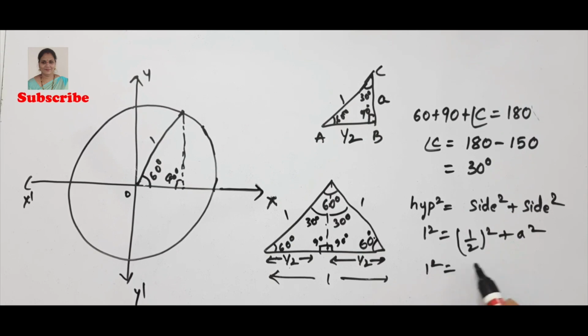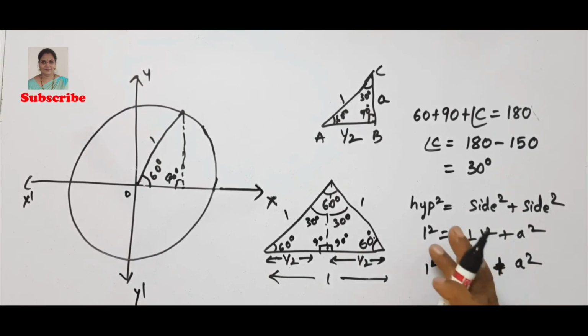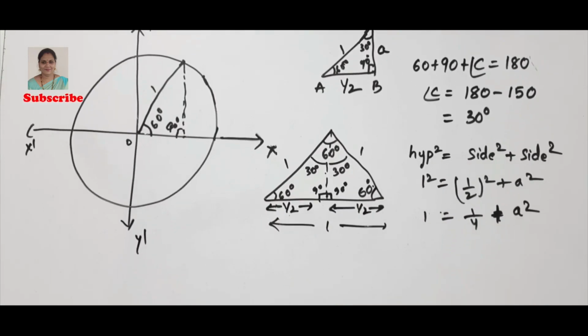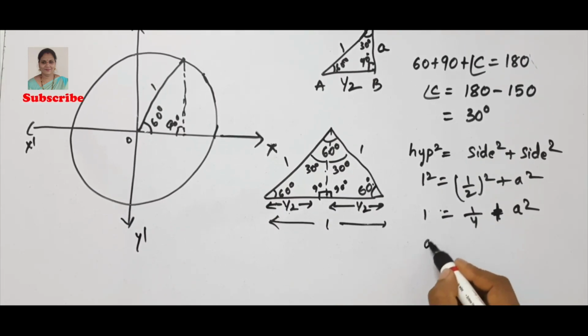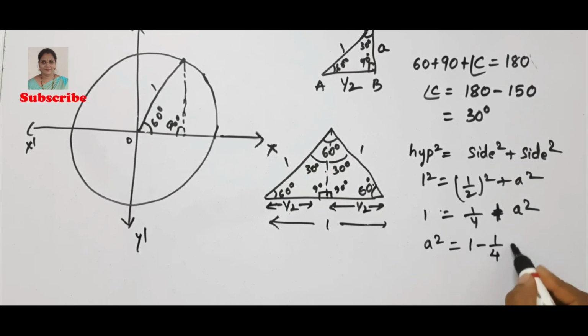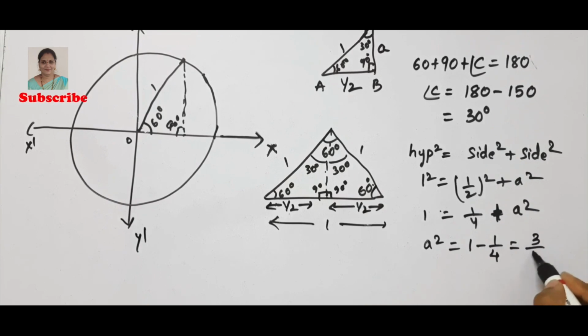So 1 square is equal to 1 by 4 plus a square. 1 square is nothing but 1, is it not? So 1 is equal to 1 by 4 plus a square. We have to get the value of a square. So a square is equal to 1 minus 1 by 4, bringing the 1 by 4 to the left side, which is equal to 4 minus 1, that is 3 by 4.